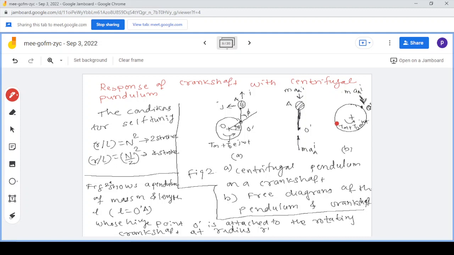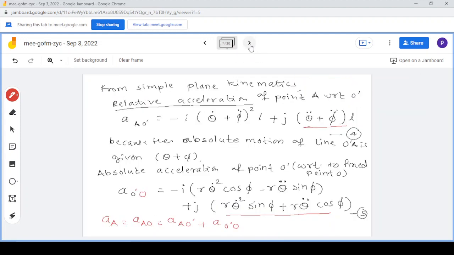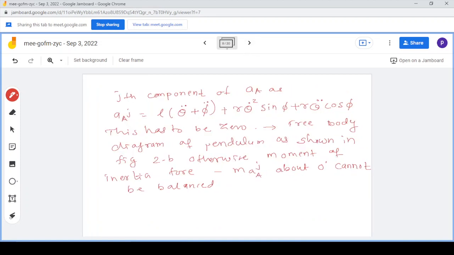And we can see there is no component of this inertia force in the perpendicular direction. So we can say that this j component, which is in the perpendicular direction to the A dash, should be zero. Then only we can say that this MAA, that is the inertia force, will get balanced. Okay. So what we are going to do now is equate this to zero.